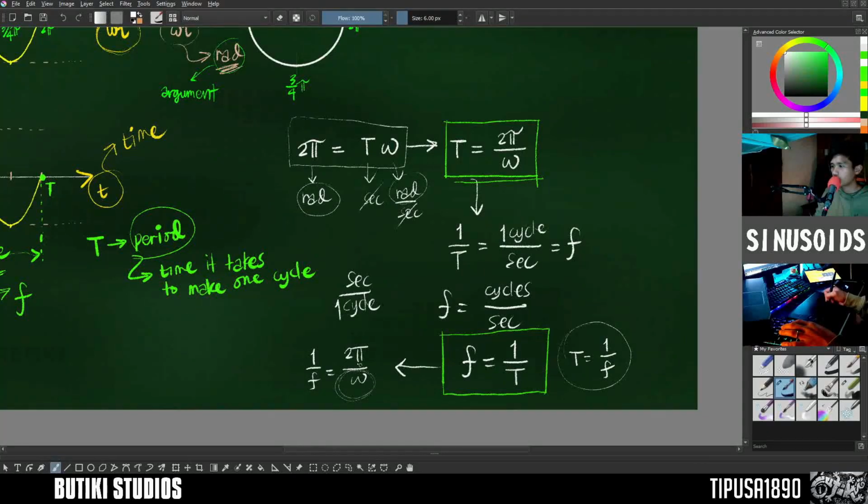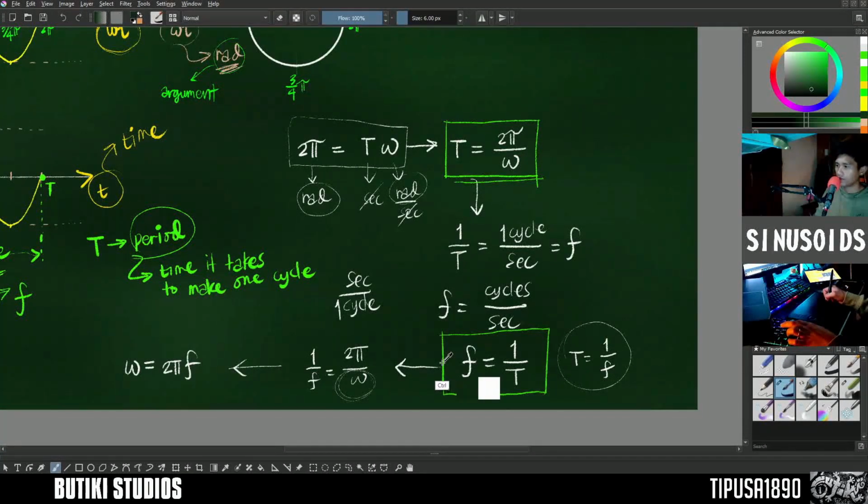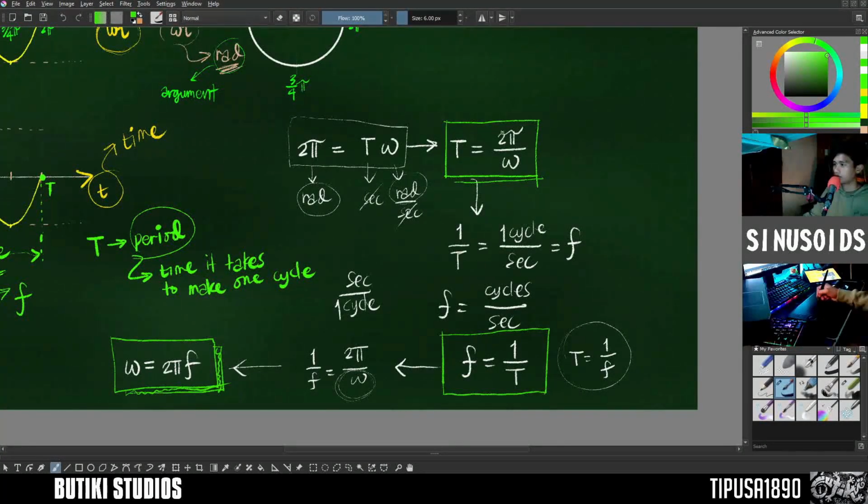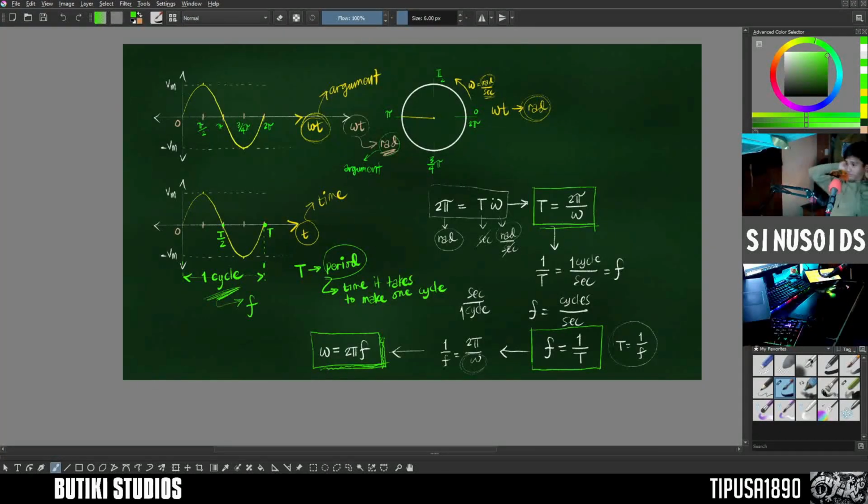So we can solve for our omega. Omega is equal to 2 pi f. So this is the formula for omega, or the angular frequency. So these are three essential formulas in later subjects, like, for example, in machines, also later on in this course.